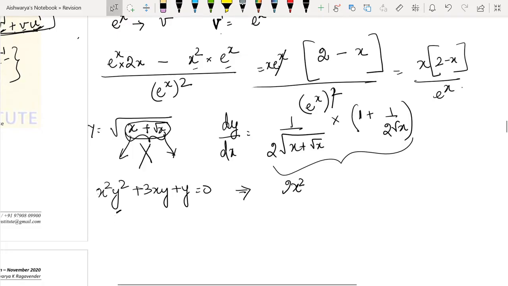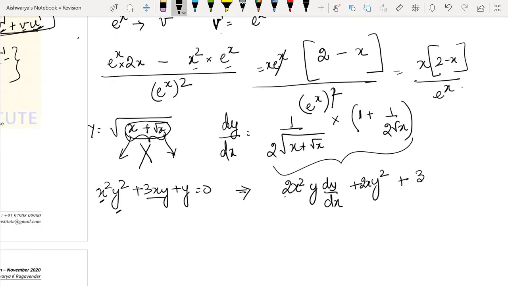Y square differentiation is 2y dy by dx. I am just writing the 2 here to make it look neat. Next is y square into differentiation of x square. X square differentiation is 2x. Plus 3xy, where 3 you keep as it is.